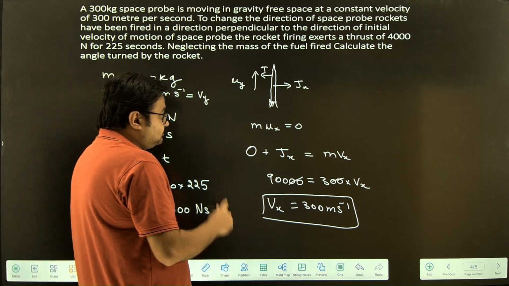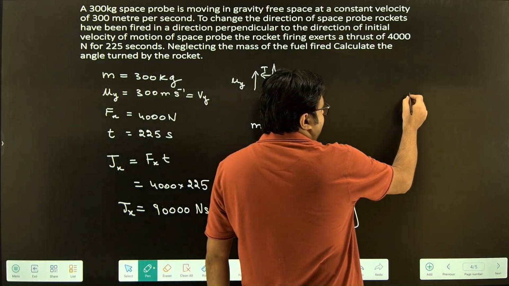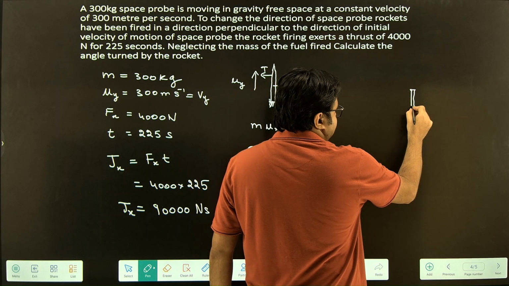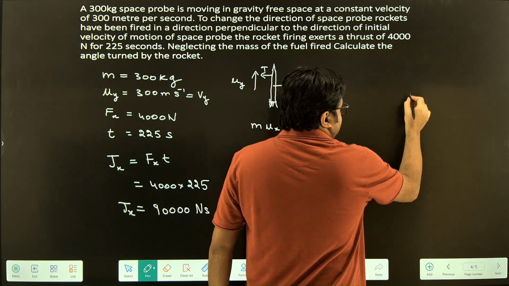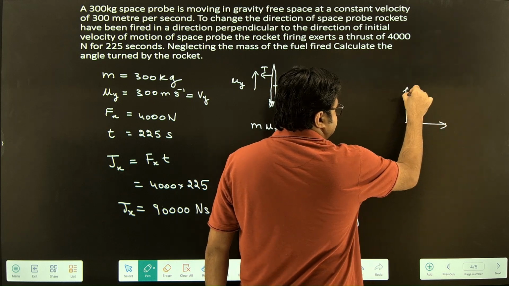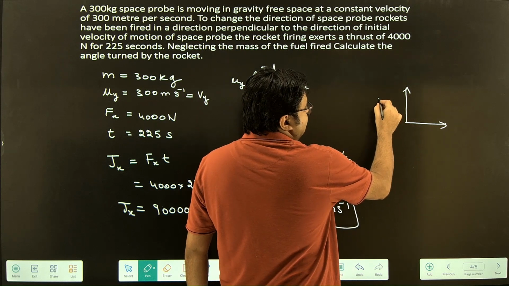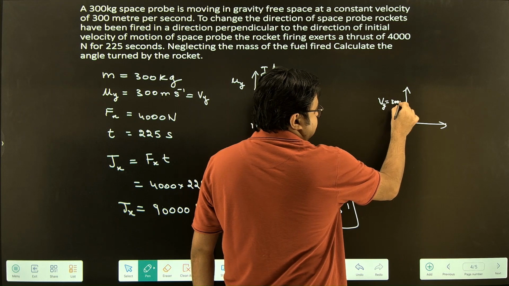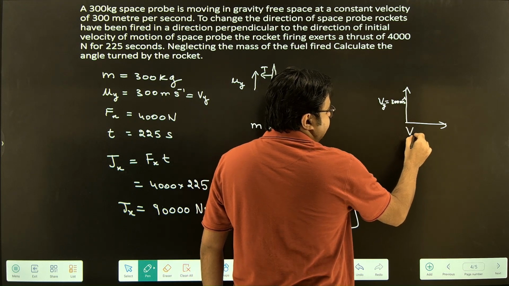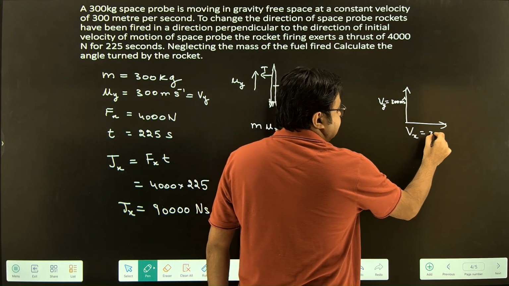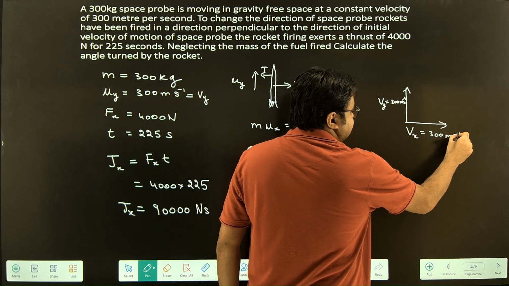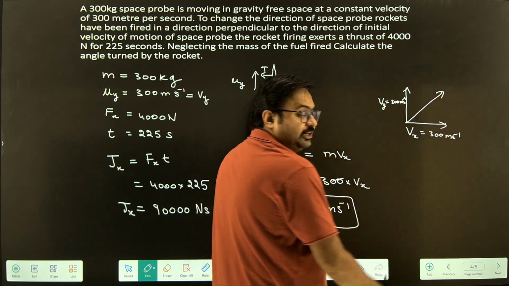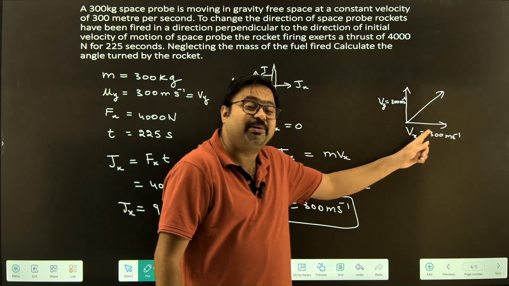That means the rocket now, if you just imagine this to be the rocket now, that's your y-axis and here is your x-axis. The velocity along y-axis is 300 meter per second, and the velocity along the x-axis also is 300 meter per second, which simply means the resultant velocity will be along the angle bisector.